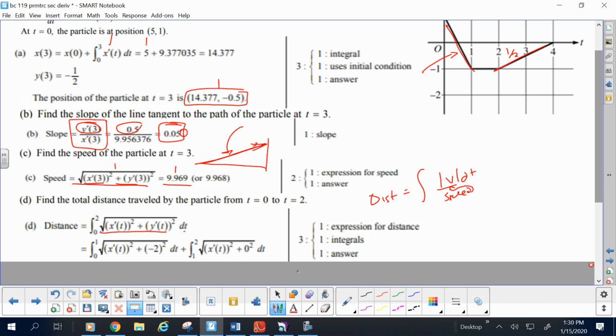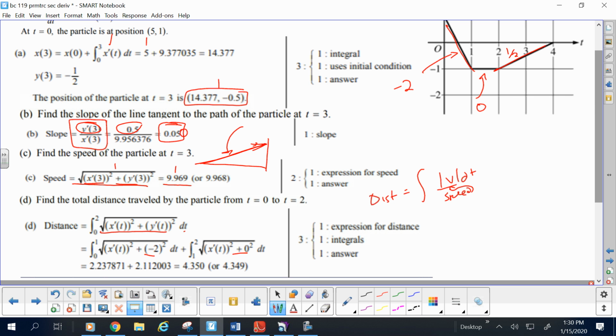What's y prime from 0 to 1? -2. And what's y prime from 1 to 2? 0. And you really should be communicating what you use there. So it's a piecewise calculation because y prime is different for both of those chunks. And so your answer is 4.349 or 4.350.